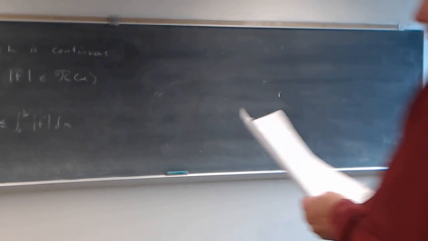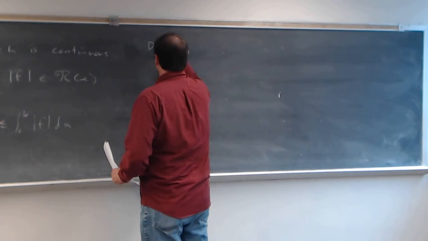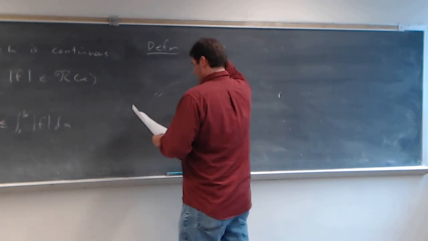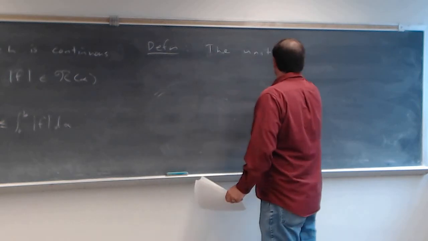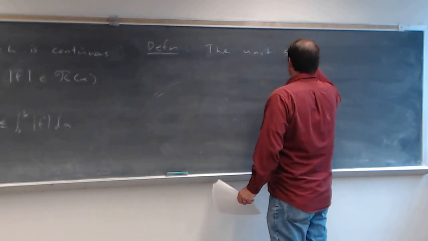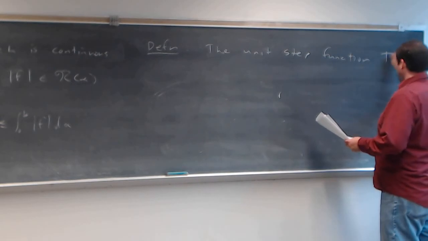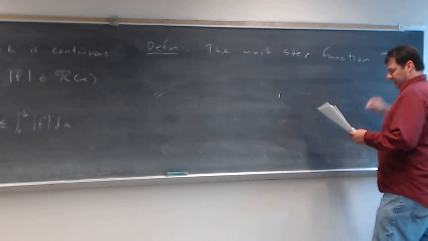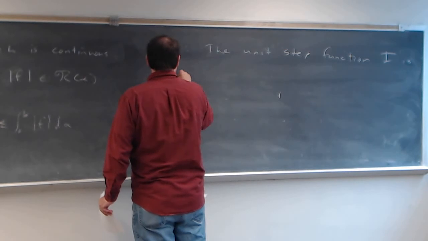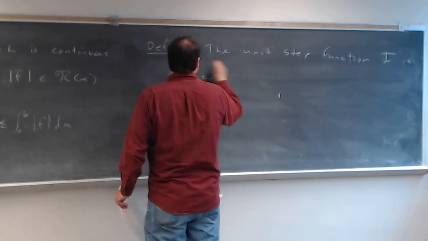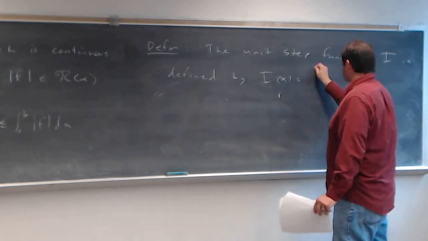Okay. Here's a definition. The unit step function I is defined by: I of x is equal to, well, it's one of two things.